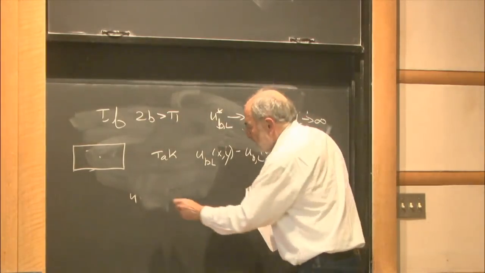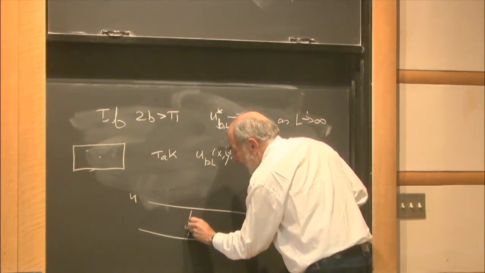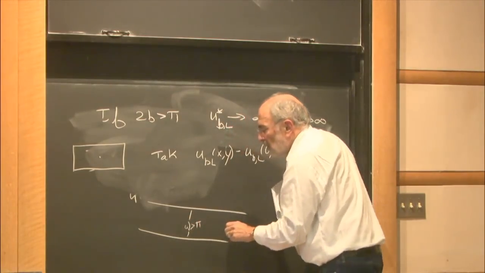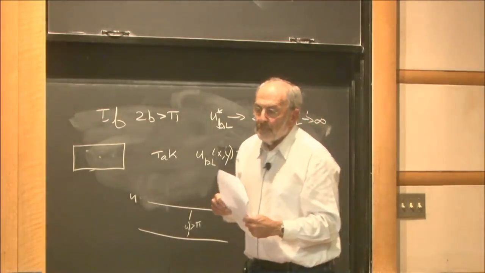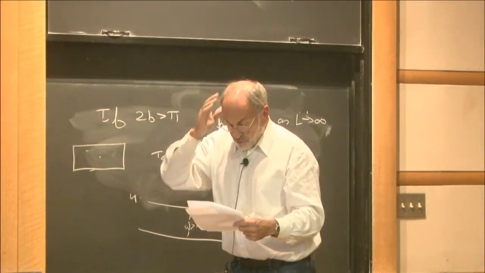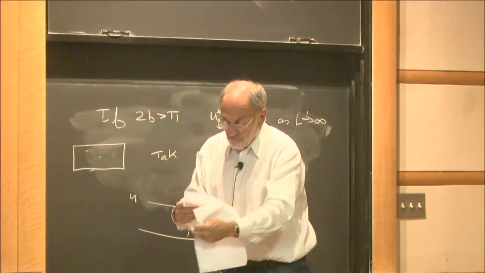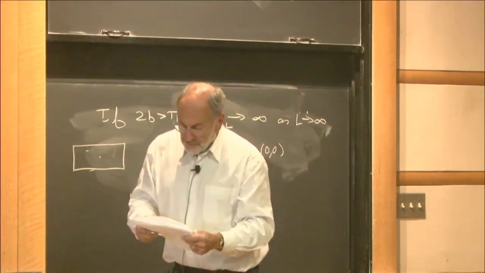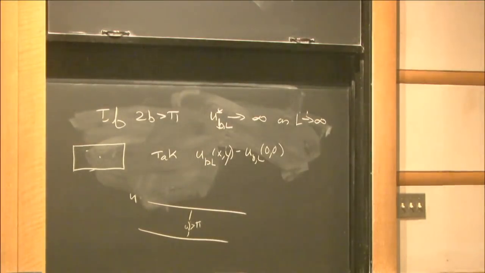So I get something defined over a strip. This width is bigger than pi. That's minus infinity here, and 0 here. Well, when you have that width, you also have the symmetries inherited from that box.